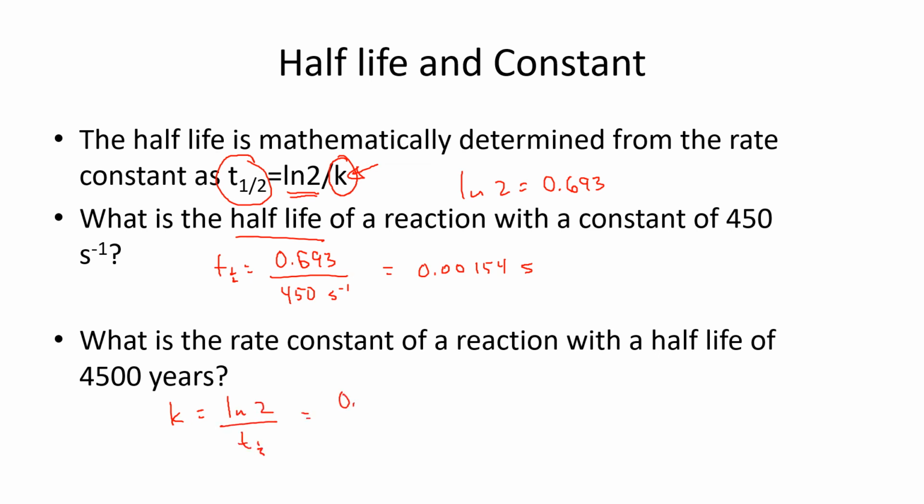So what we can do is take our 0.693 divided by the 4,500 years, and I got 0.123154 again. Oh, right, of course, because 45 and 450 are similar numbers. So this time it's years to the -1 because we used a different measure of time, but you can see how you can easily convert back and forth there.